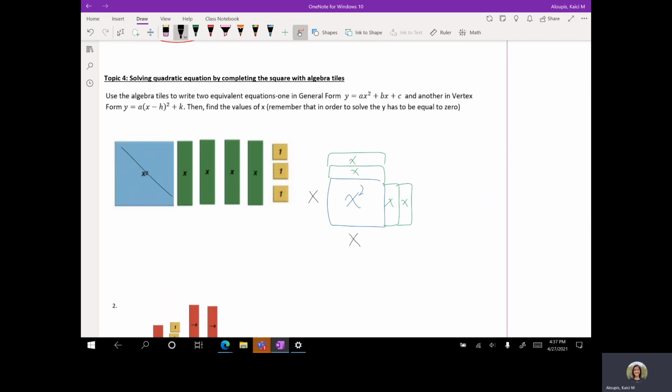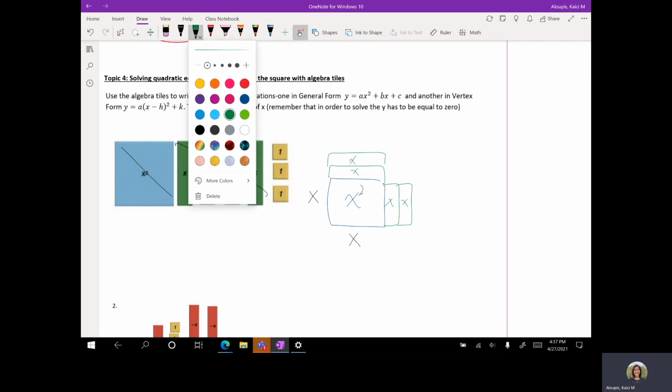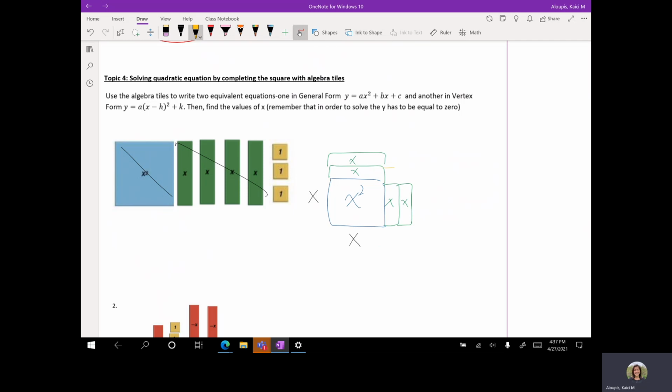So I've accounted for those. I also have these yellow tiles, and I only have 3 of them. So I'm going to draw the 3 yellow tiles, and they all represent 1. Remember how I had these 2 x's out here that multiplied together to produce that x squared?